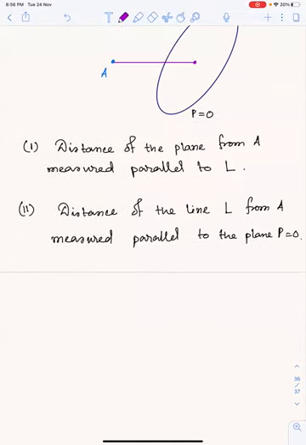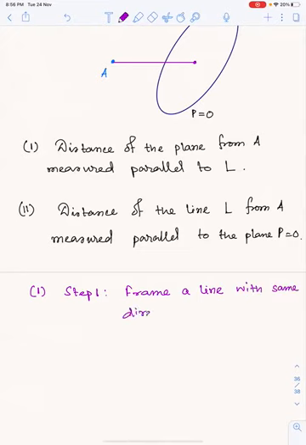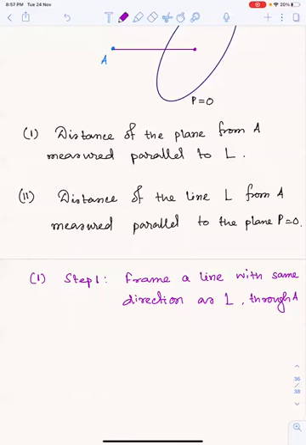For the first variation, we will frame a line with the same direction as L and through the point A.